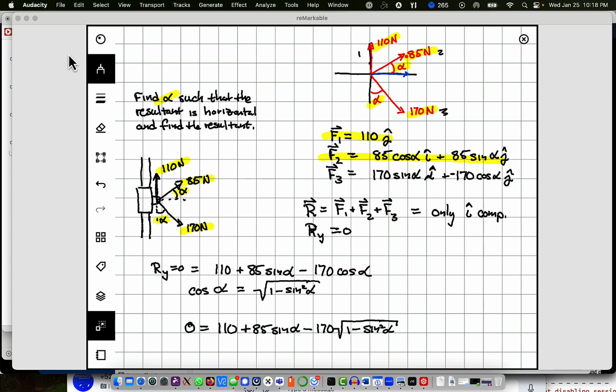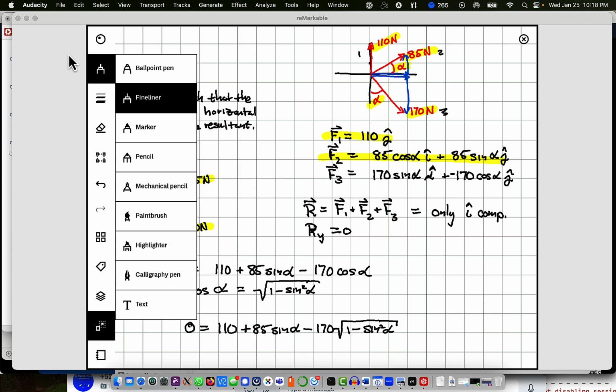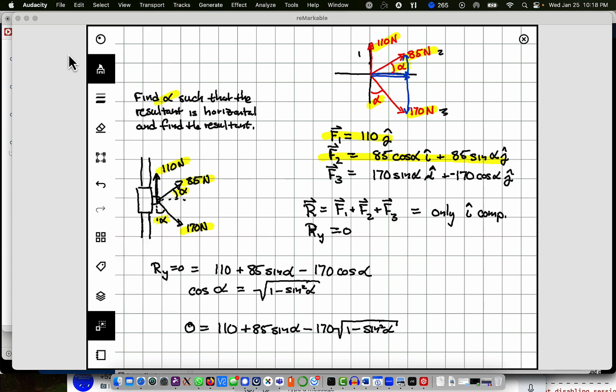And for the third force, there's an X component and a Y component, just drawing them out. Okay, let's go back to our highlighter. So third force, F3, we can write it out that way. Notice the minus sign for the downward J component.